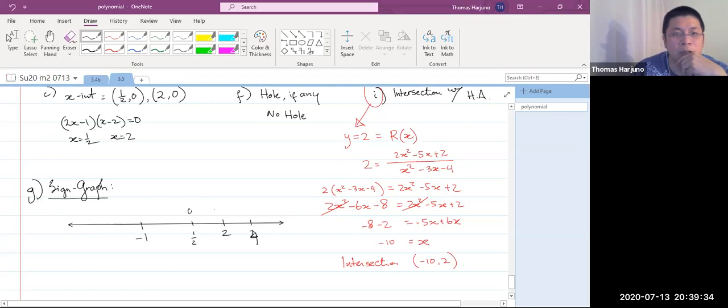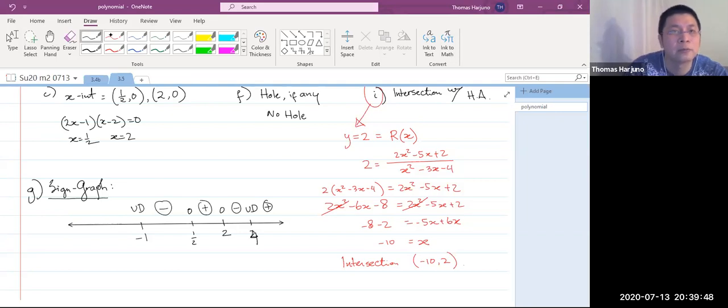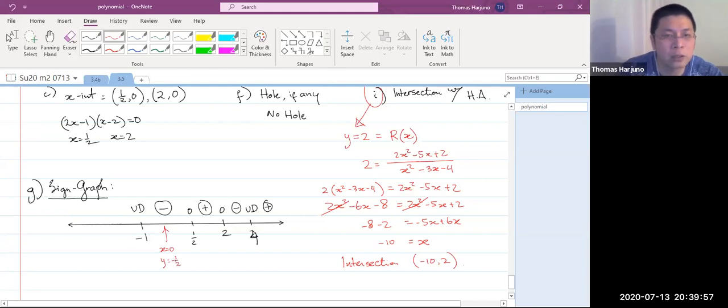These are the x-intercepts. These are the undefined. Okay, and then I do the sign graph. I know it will be like this because my y-intercept is negative. When x = 0, my y is -1/2. So I use my y-intercept to help me with the sign graph between -1 and 1/2. And because all critical numbers have multiplicity 1, the sign will alternate.